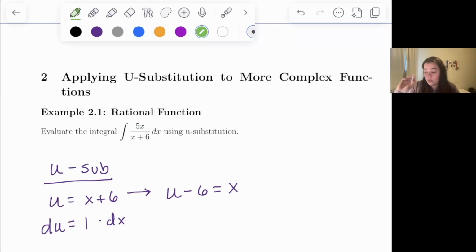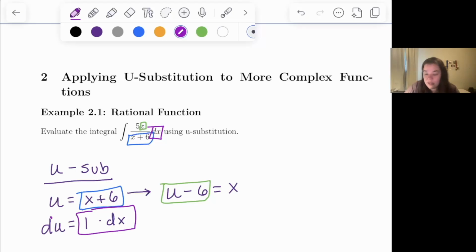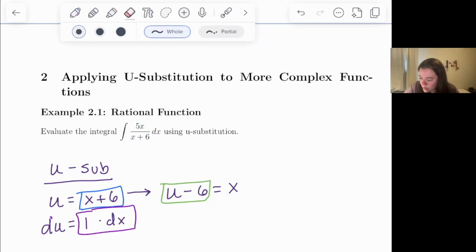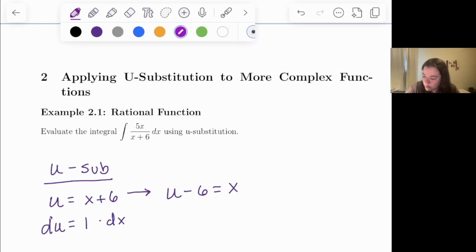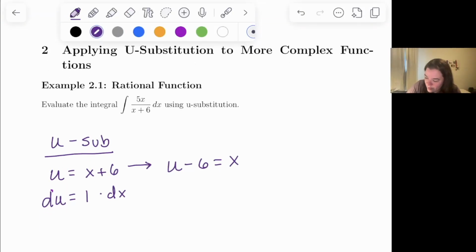So again, we're going to go make our replacements. X is going to get replaced by u minus 6. X plus 6 is going to get replaced by u, and then dx is going to get replaced by du. Let me take off those boxes. We're subbing out every single x player for u players. So just rewrite the original 5x over.